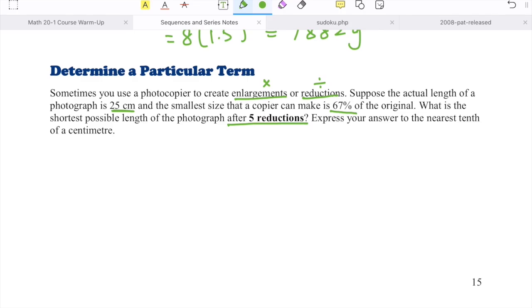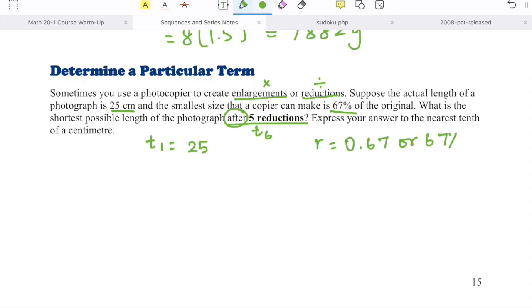And after 5 reductions, what number term are we looking for next after 5? 6th. So we are trying to figure out what T6 is. The keyword here is after 5. So what will the size of the photograph be after it's been reduced 5 times?